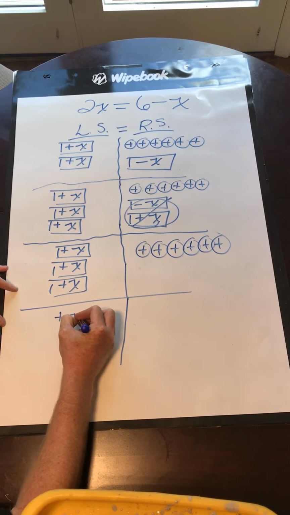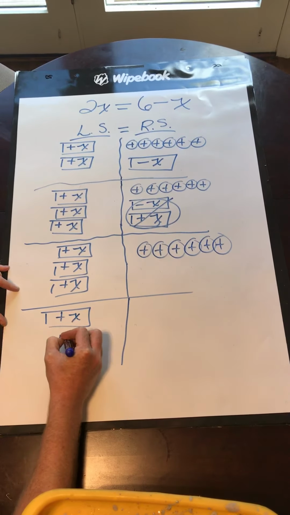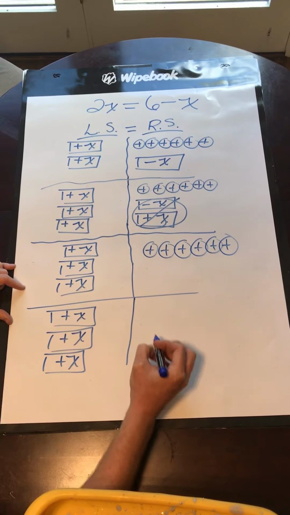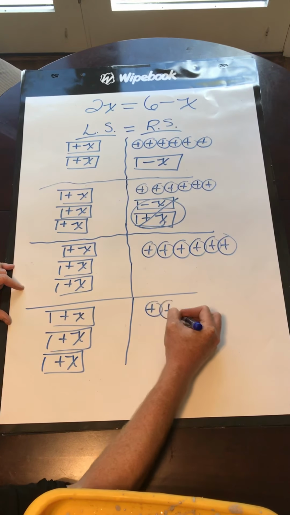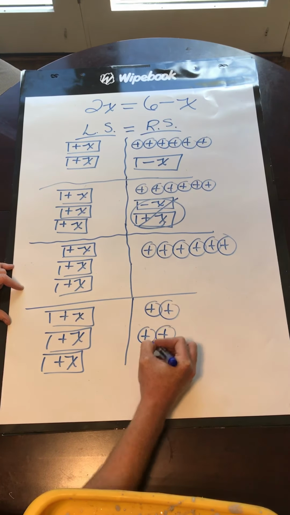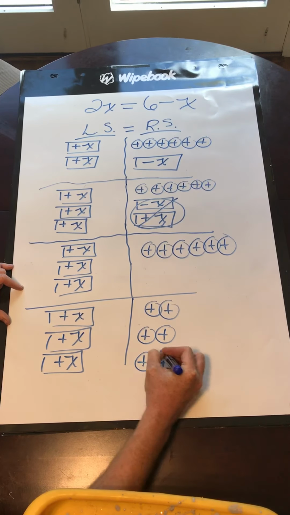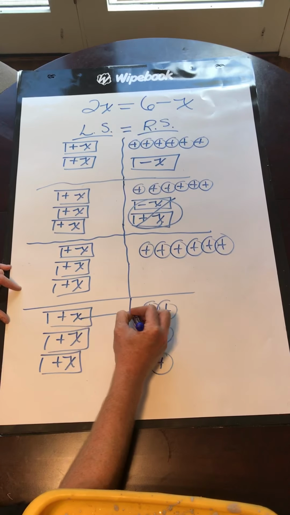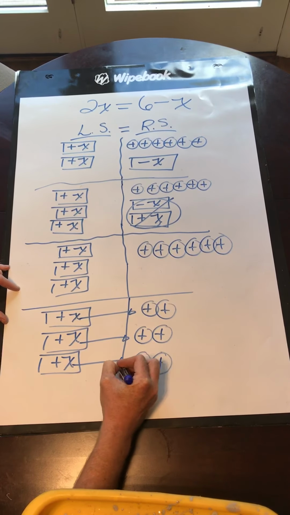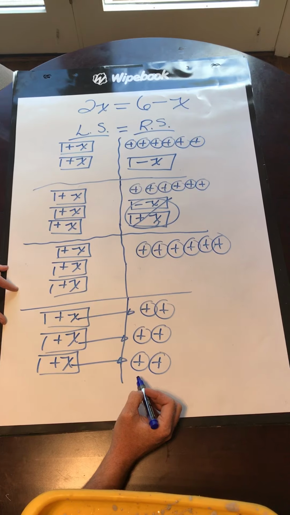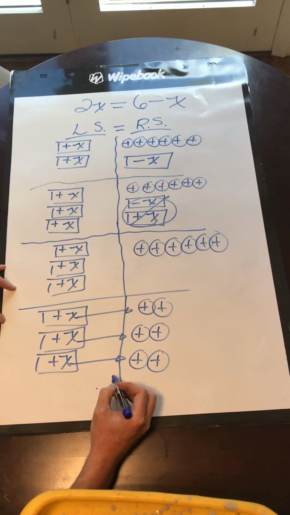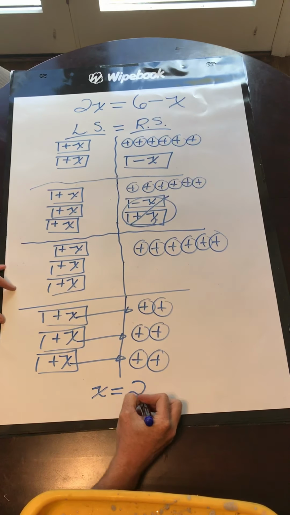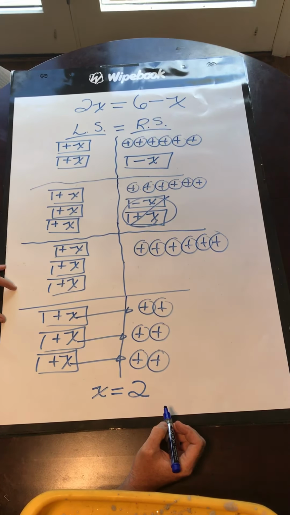If we rearrange them equally, we see that two unit tiles match up with each x tile. So now we can say that x is equal to 2.